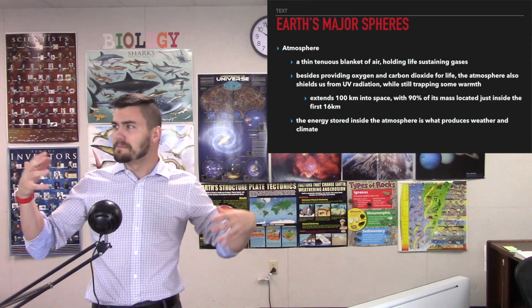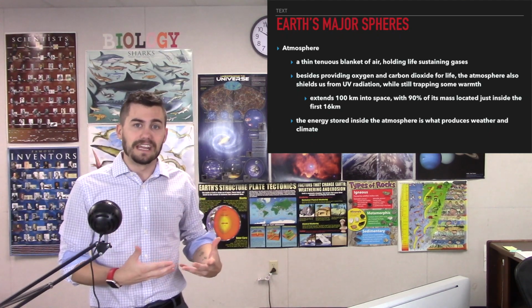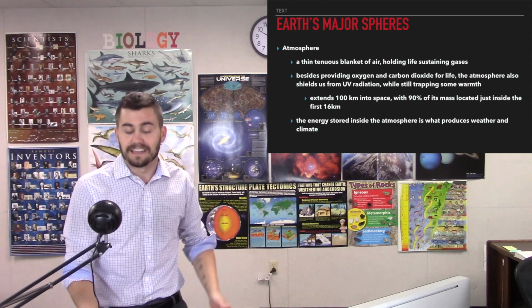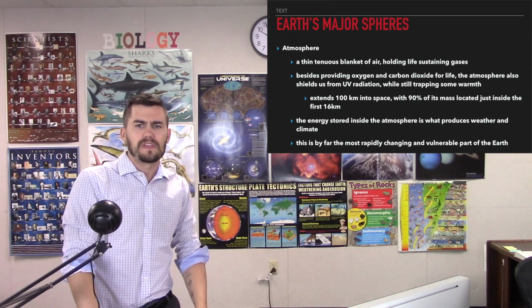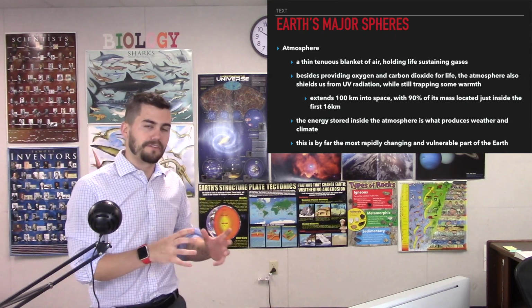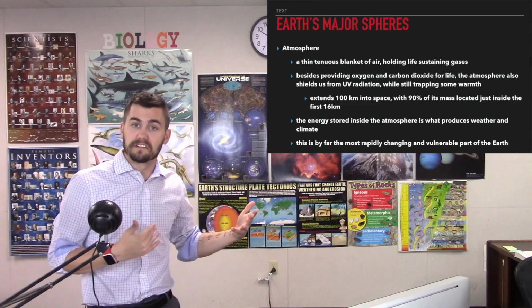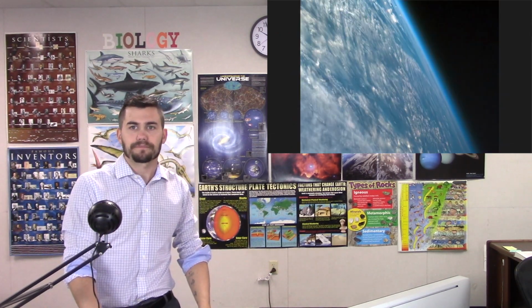I don't know exactly, but perhaps equivalent to the total amount of energy for electricity that an entire country consumes over the course of a year. And it's, I sort of said this, but it's by far the part of our planet that changes the most frequently, the most rapidly over time.